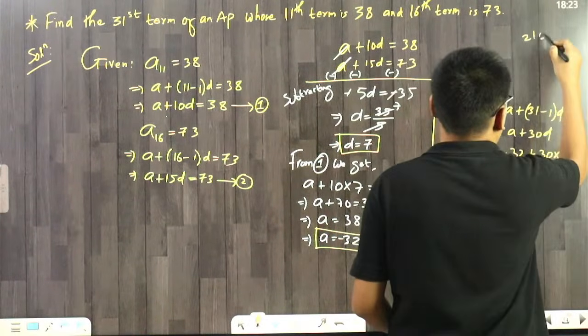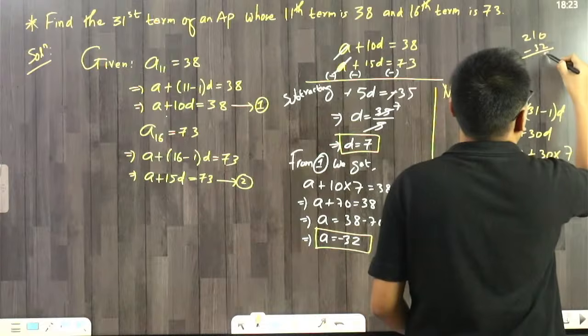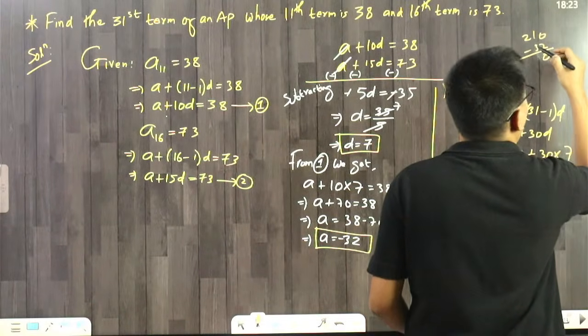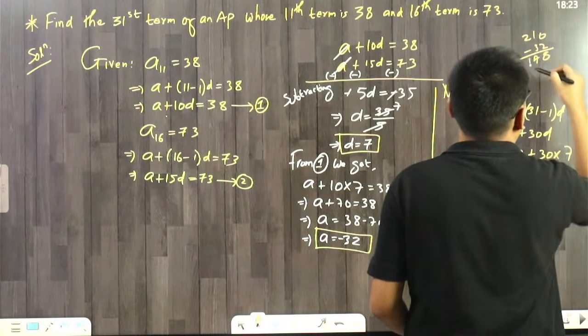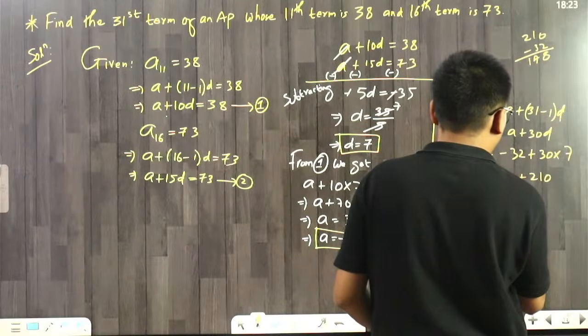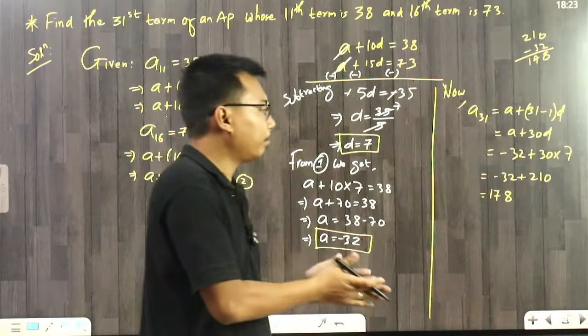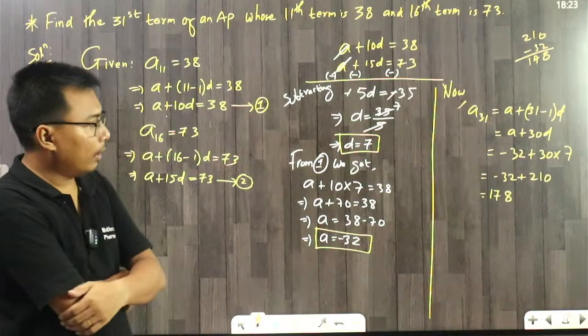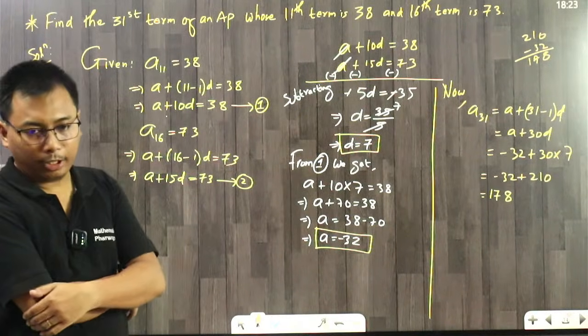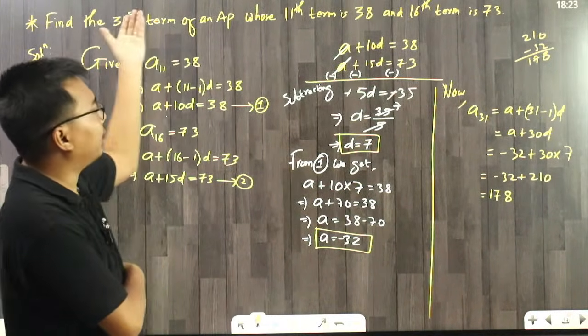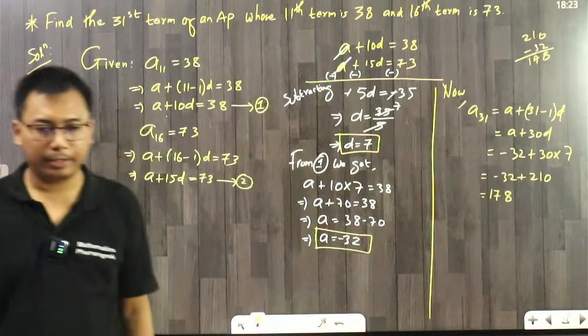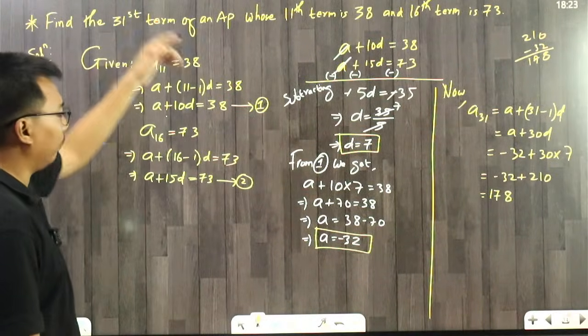So let's subtract 210 minus 32. 10 minus 2 will be 8. 11 minus 4 will be 7. So we get 178. So the 31st term of this AP will be 178.